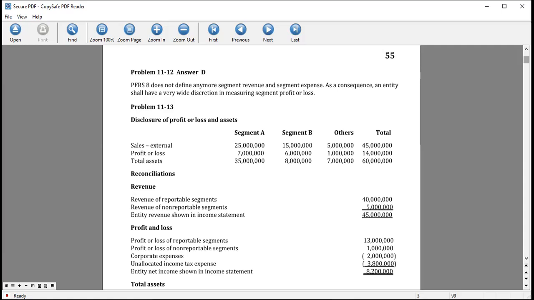As a consequence, an entity shall have a very wide discretion in measuring segment profit or loss. So, in 11-12, the answer is letter D, 1.5 million.